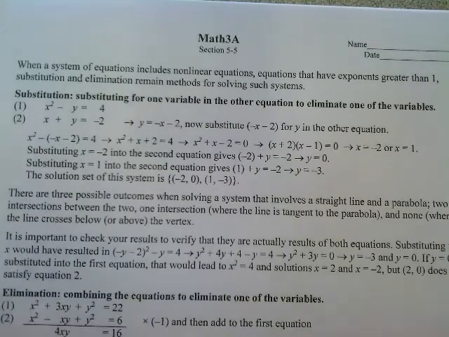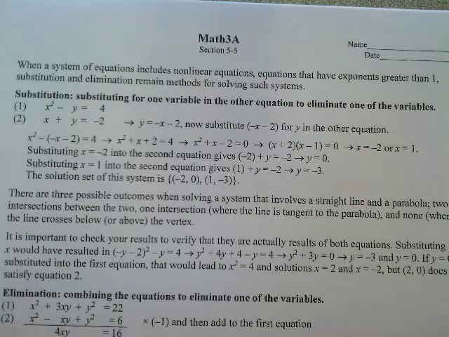In this particular section, we're going to look at doing the same kind of thing, but now we have equations that have degrees greater than 1. In other words, we might look at something that has an x squared or a y squared in the equation. We still have the main two methods that we have used before, substitution and elimination.